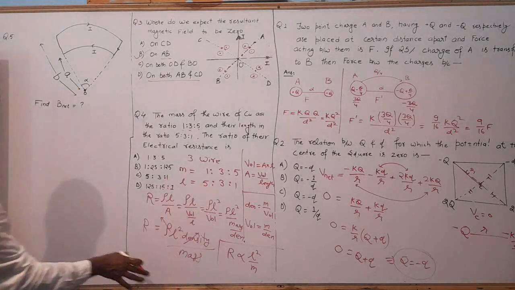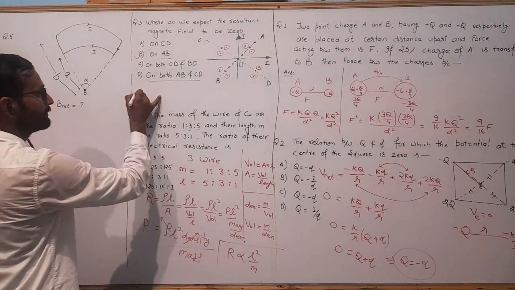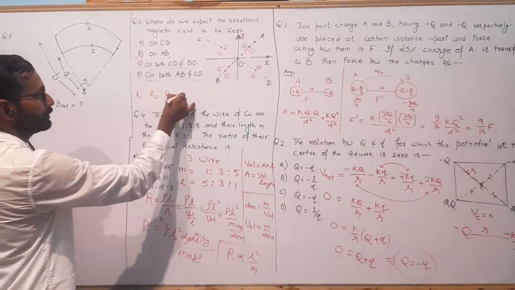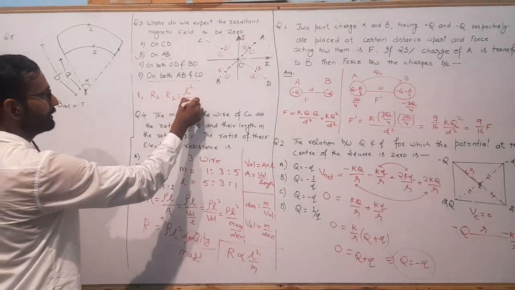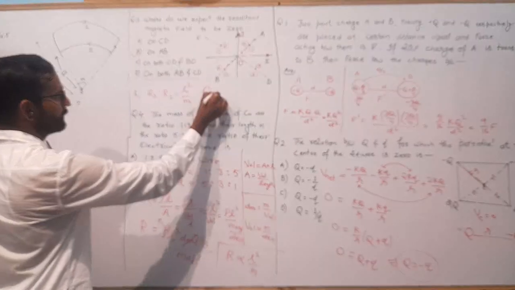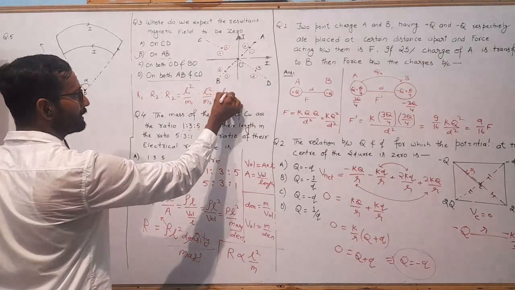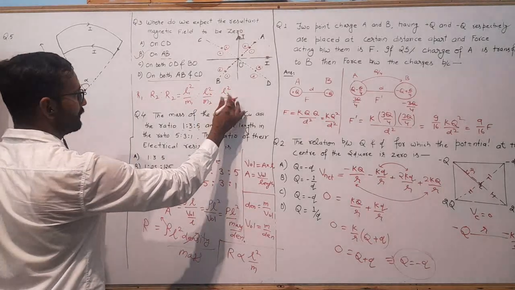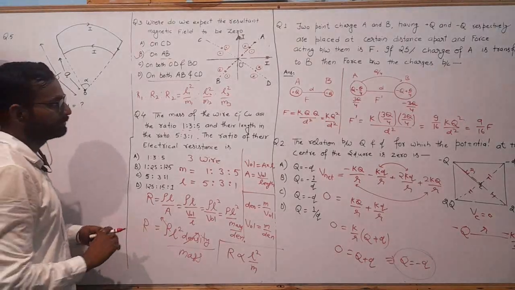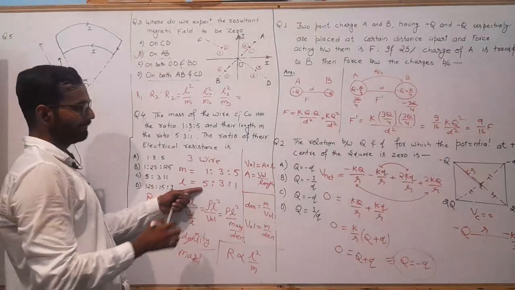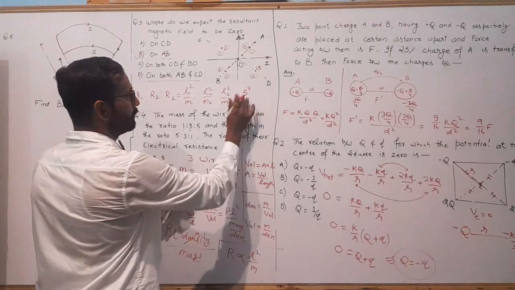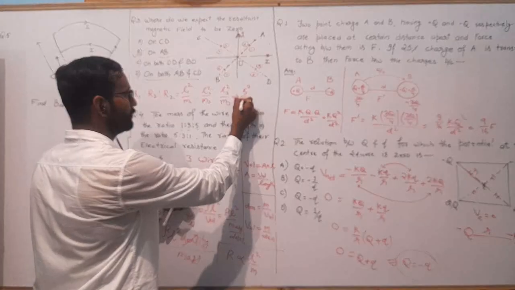Now for 3 wires we can take the ratio R1 : R2 : R3 equal to L1 square upon M1 : L2 square upon M2 : L3 square upon M3. We put the values and find out the relation. Here L is 5, so 5 square upon M, which is 1, so 5 square upon 1.